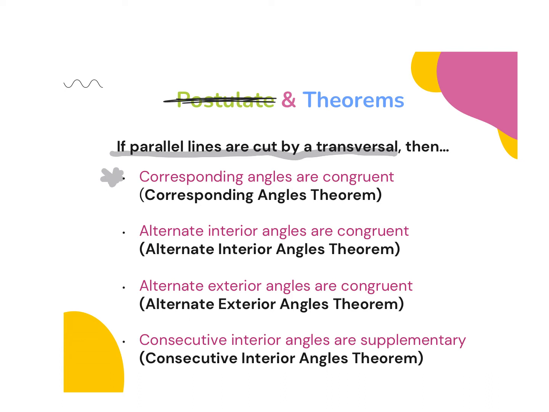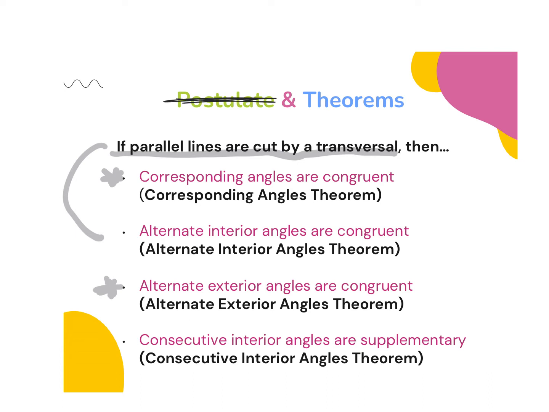Then again, the next one: if parallel lines are cut by a transversal, then alternate interior angles are congruent. This one's called the alternate interior angles theorem. And then the next one, the alternate exterior angles theorem. Same beginning: if parallel lines are cut by a transversal, then alternate exterior angles are congruent.